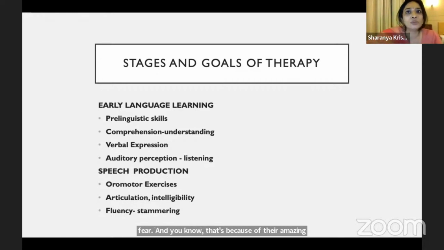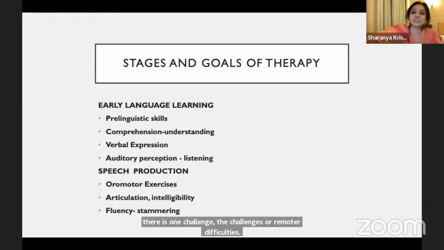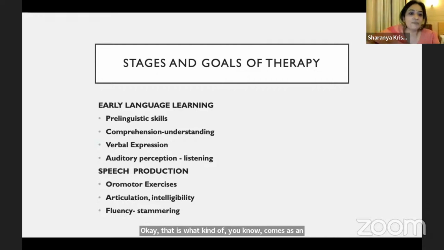When they are able to imitate all these things, body movements, facial expression, and everything, we have to presume that they have the ability to imitate words also. But there is one challenge. The challenge is oromotor difficulties. That is what comes as an obstacle between the imitation and the production of words.